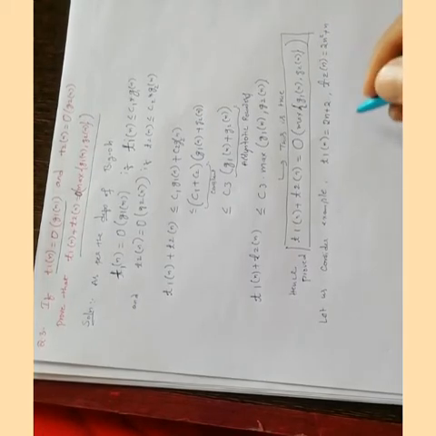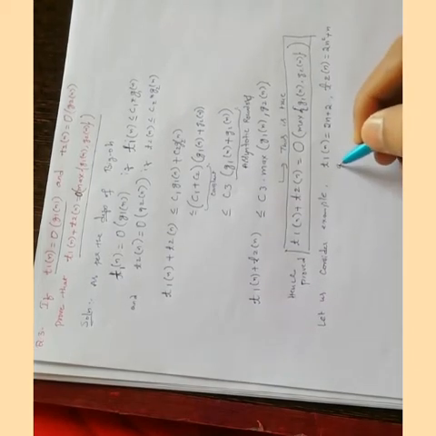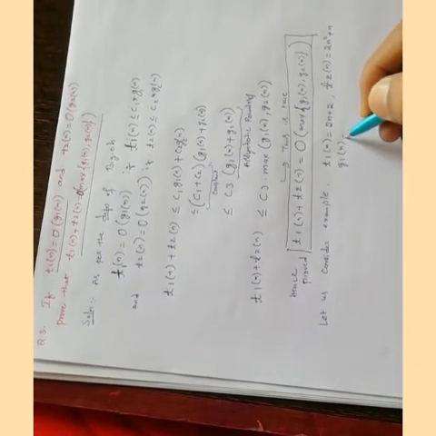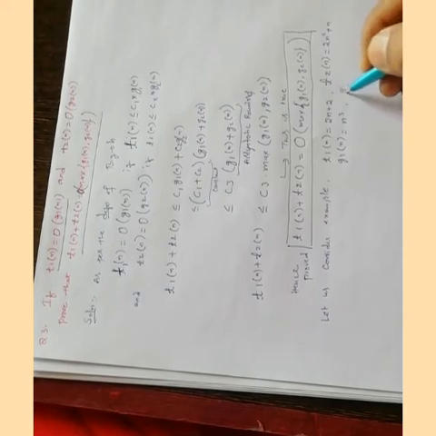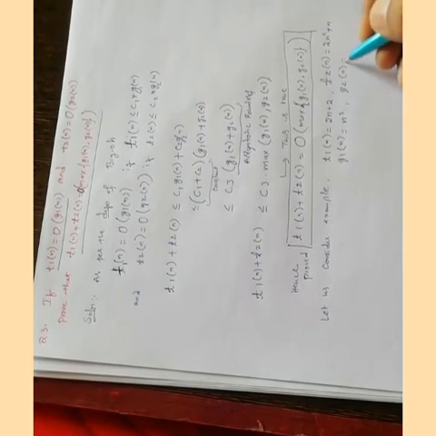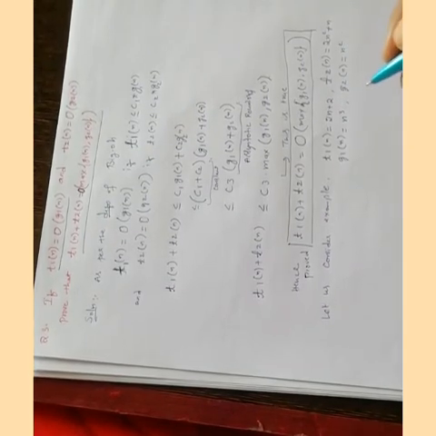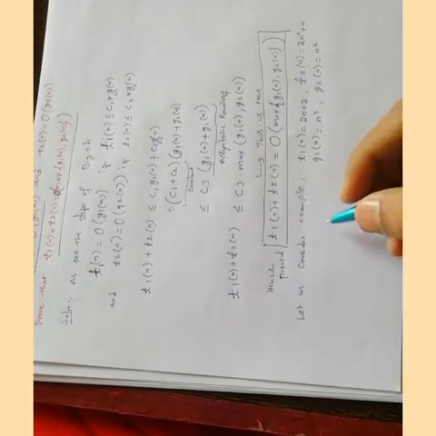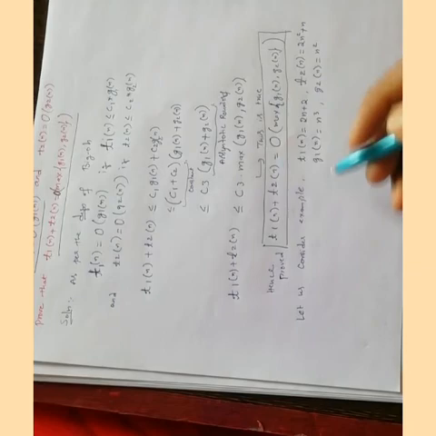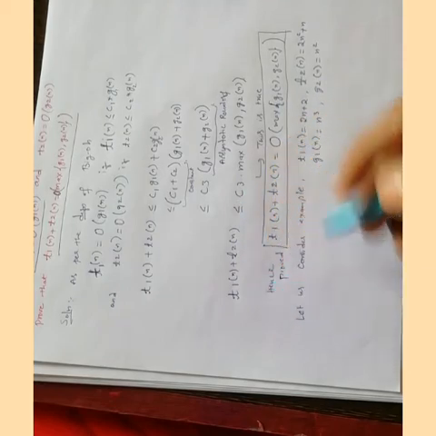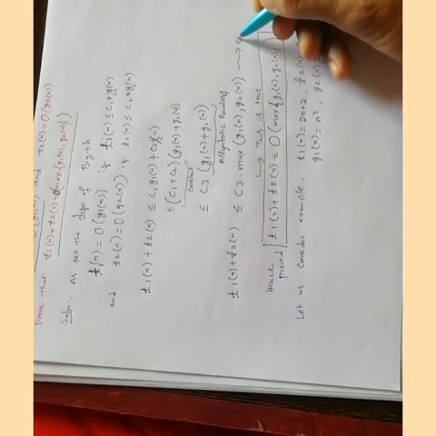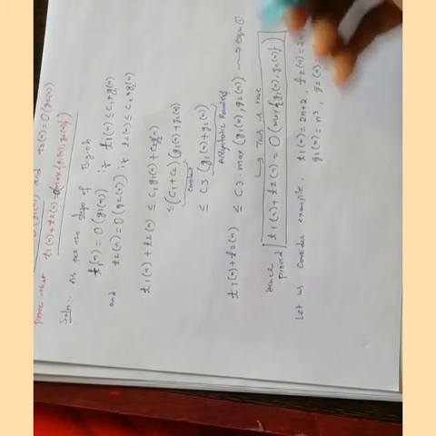Next, g1 of n is equal to n cube, g2 of n is equal to n square. Whatever you want, you can take. Now let us prove that this is true for this condition. You can take this as equation number 1.